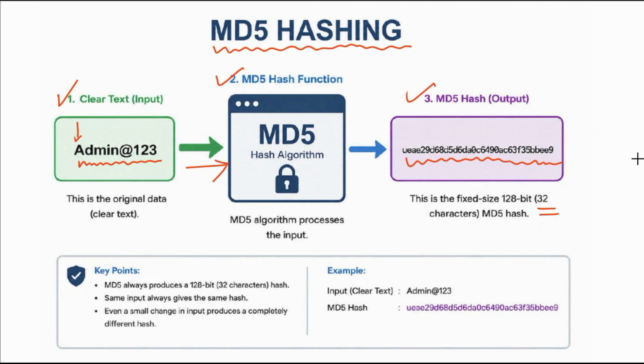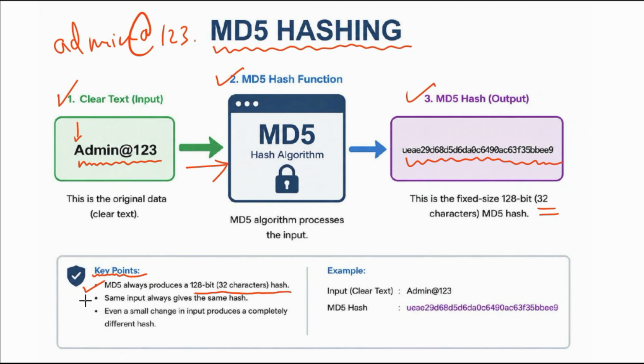Now, if you change any character in the original input, for example, if you put small a instead of capital A, it will generate a different hash value, an entirely different hash value. If you put either a dot or a space or change the number, you will see that the MD5 value is completely different. We will see that in a more practical way. So the key points to note: MD5 always produces 128 bits, which is represented as 32 characters of hexadecimal for the hash.